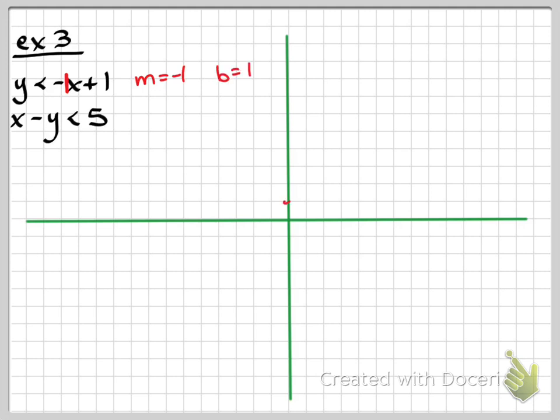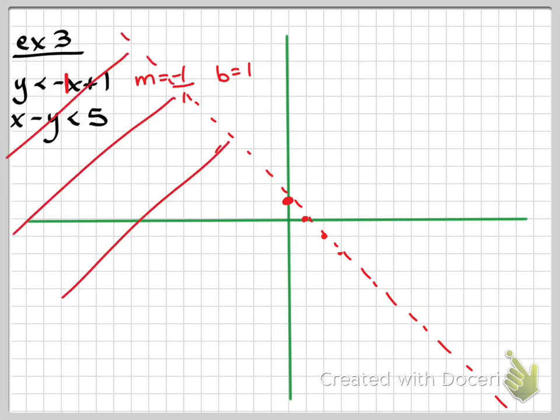So we start at 1. Make the slope a fraction by putting it over 1. So down 1, right 1, down 1, right 1. And this is a less than, not a less than or equal to, so it's a dotted line. And less than's shade below, so I'm just going to do some lines going this way for that one.